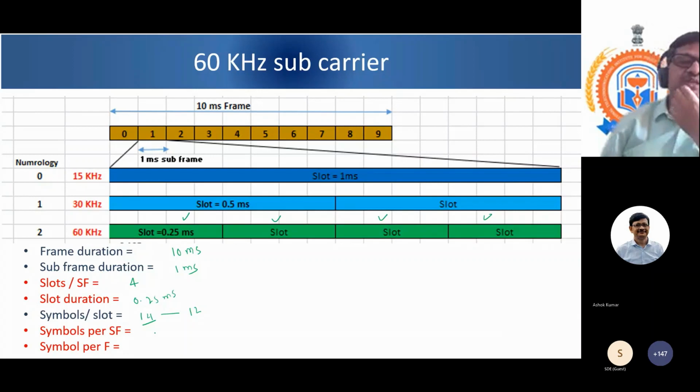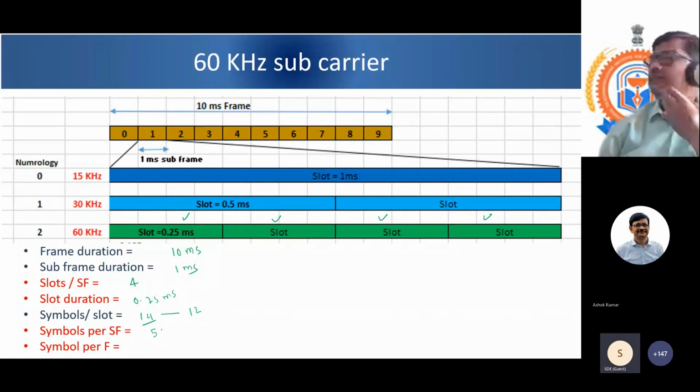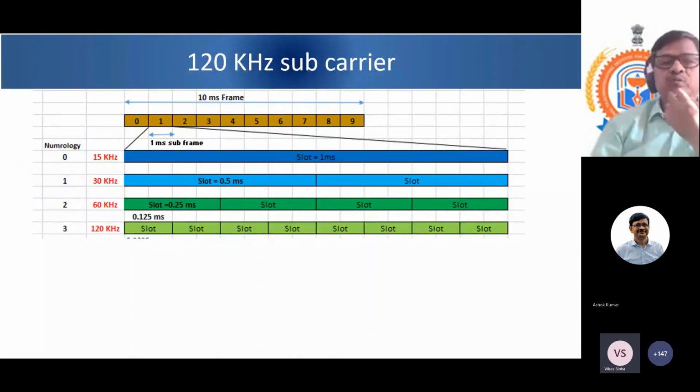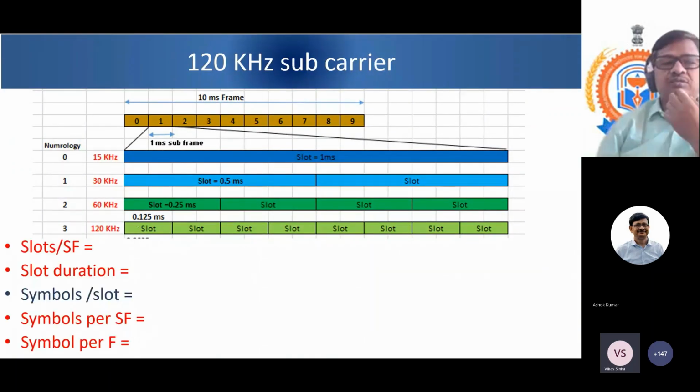So how many symbols per subframe? 14 into 4 because you have 4 slots. How much? 56. And per frame will be 560. Great. Now let's do it for 120 kilohertz. Frame and subframe are the same. So how many slots now? 8 slots, right?